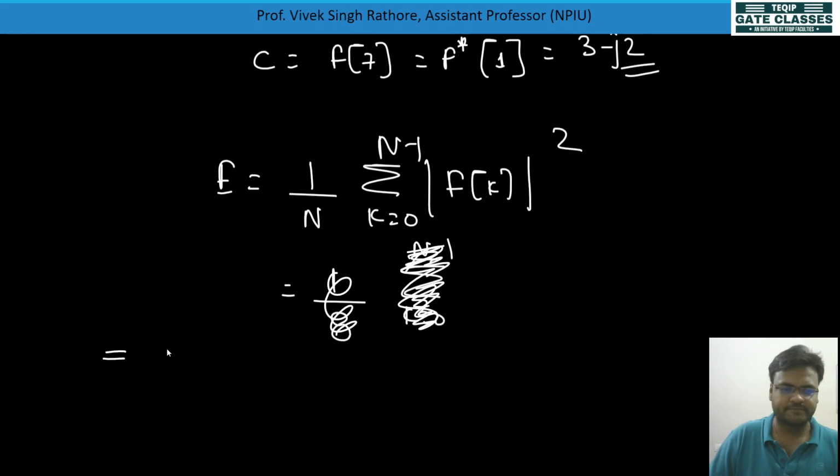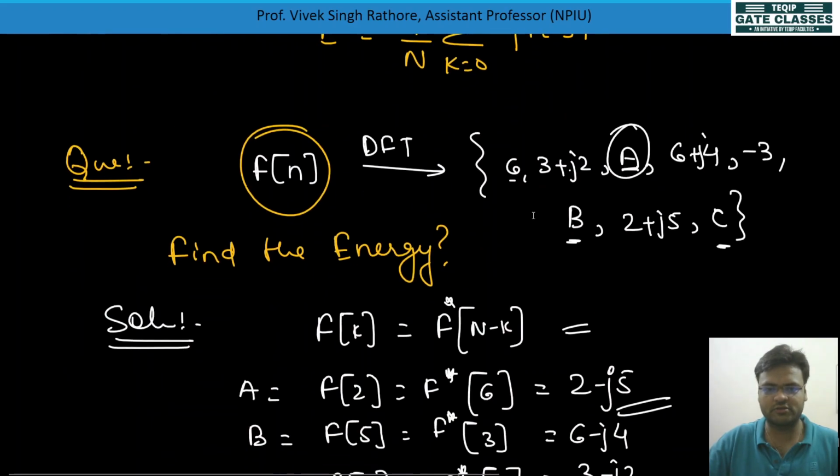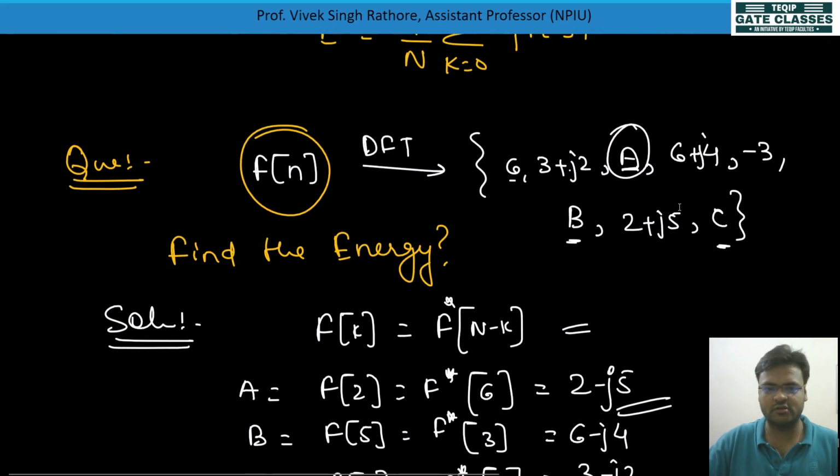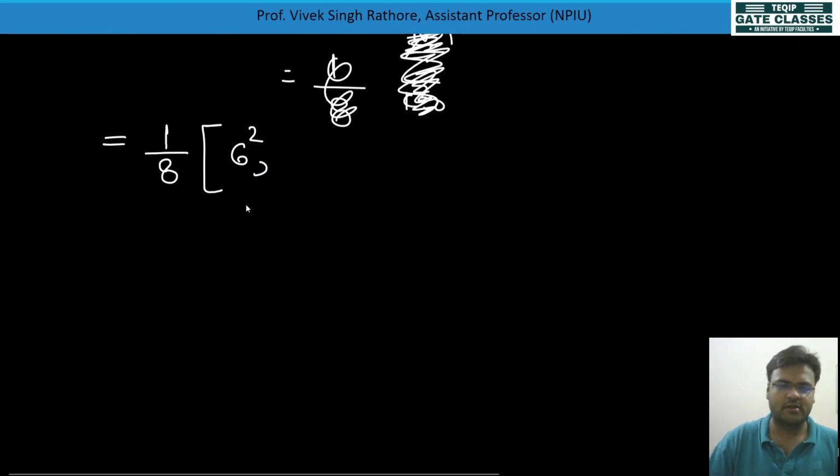From here I will write 1 by 8 will be there, and then the mod square will be there, right? So 6 is there, no problem. 6 square, because the modulus is 6 only, so square. 3 plus j2 is there, so the mod value is nothing but under root and then square, so ultimately 3 square plus 2 square, right? This value will be there.